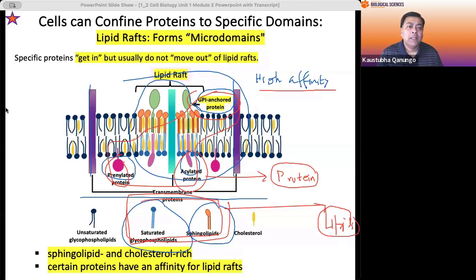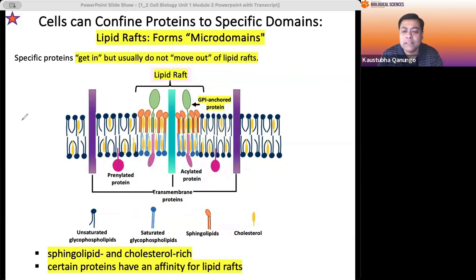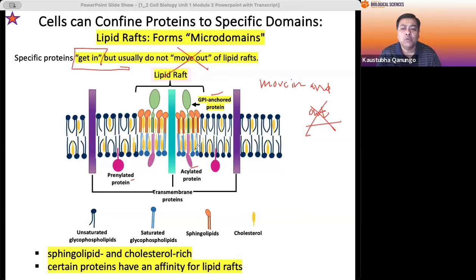That's your number one. The number two is, say for example, which of the following is false? If we say that the GPI anchored protein, acylated protein, and prenylated protein move in and out of the lipid rafts very easily, this will be totally wrong. They do not move out, they only get in. With a high affinity, they will all come in and they will stay there. So they do not move in and out.